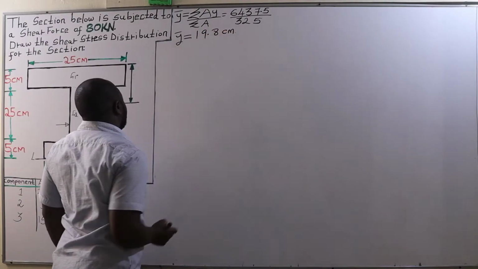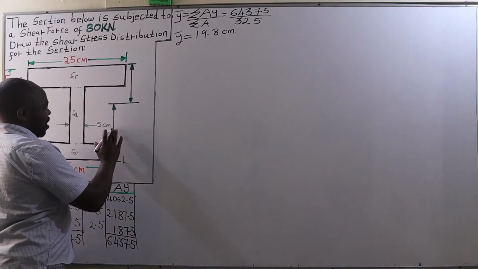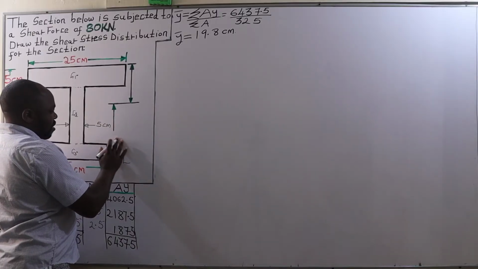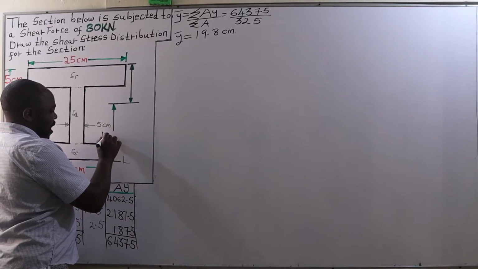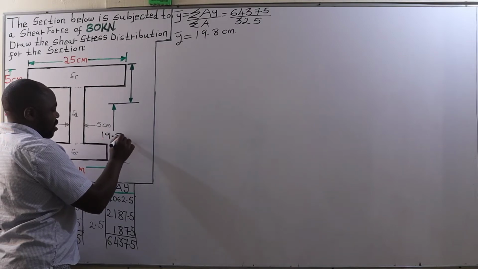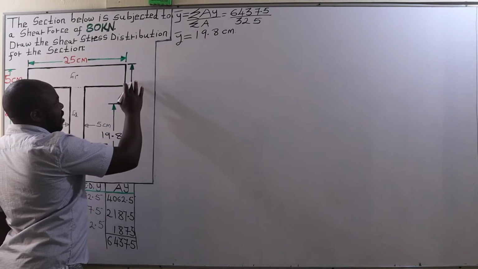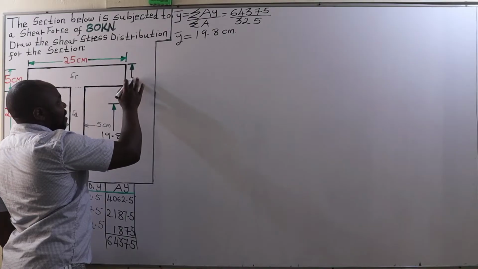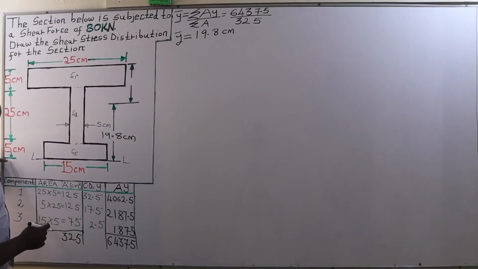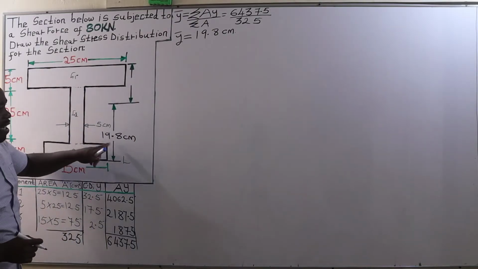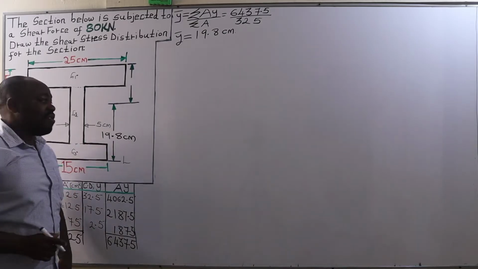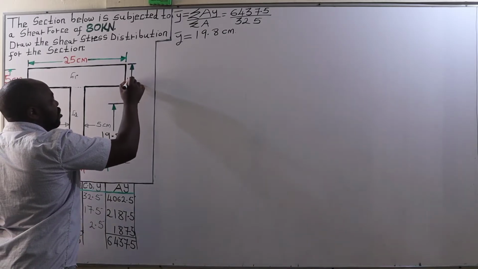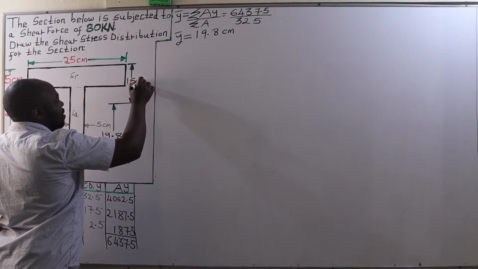When we input it here, we have 19.8 centimeters, and the remainder, 35 minus 19.8, is 15.2 centimeters.